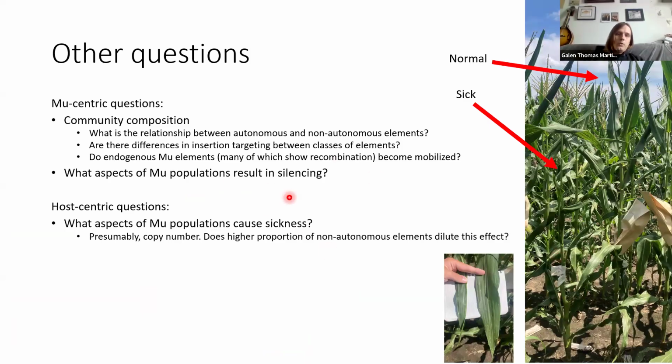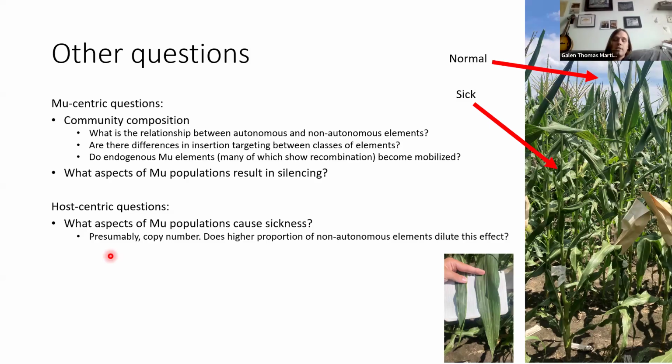So I've organized these into mu specific questions and then questions about the host. Another interesting aspect of this mu system is that sometimes whenever you have a mu active family, plants within that family tend to become what's known in the mu system lore as mu sick.